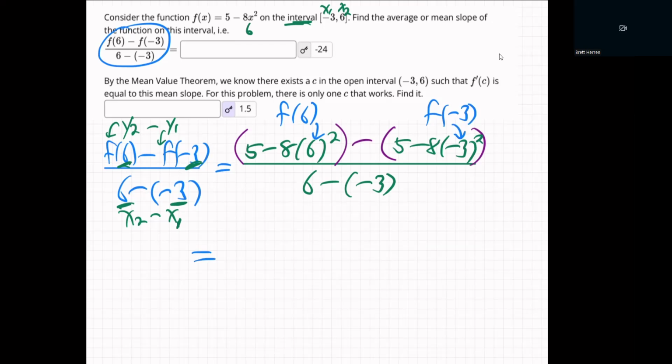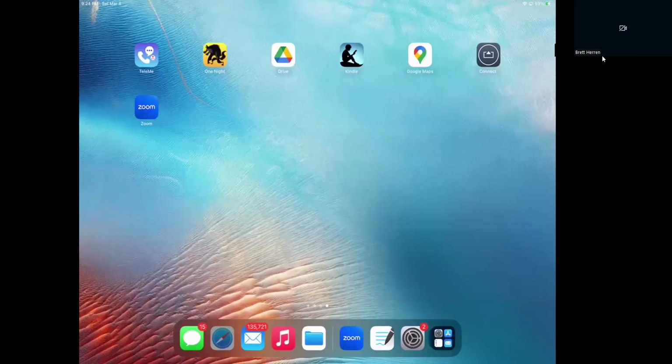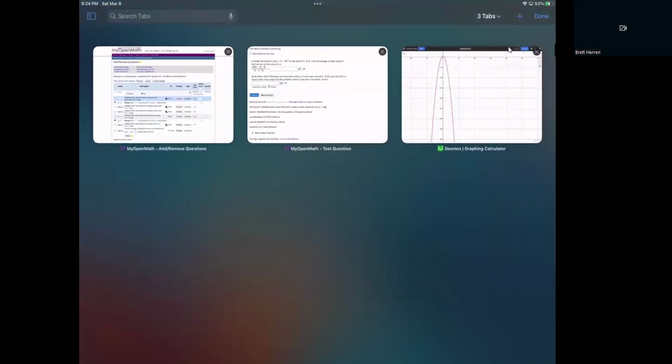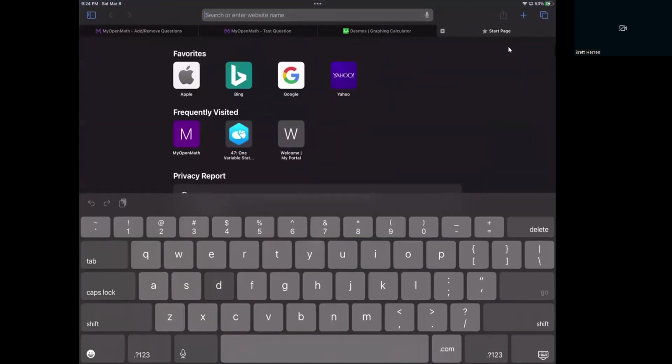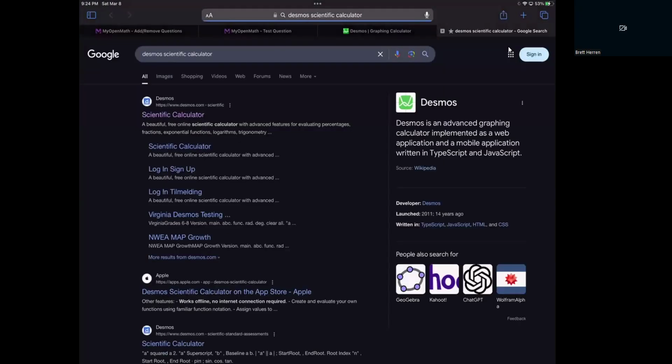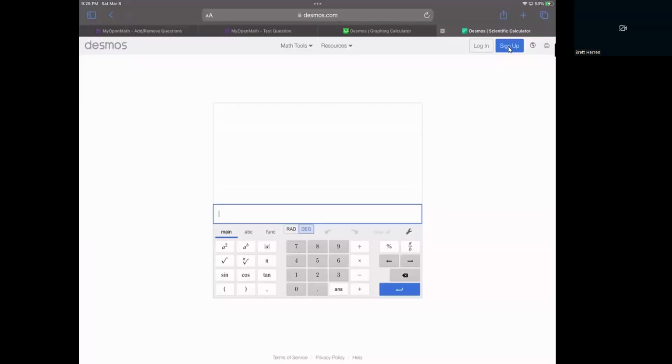All right, so what do we get from here? If you work this out, 5 minus 8 times 6 squared. I'll use my calculator. Oh, whoops, got to add it. 5 minus 8 times 6 squared.